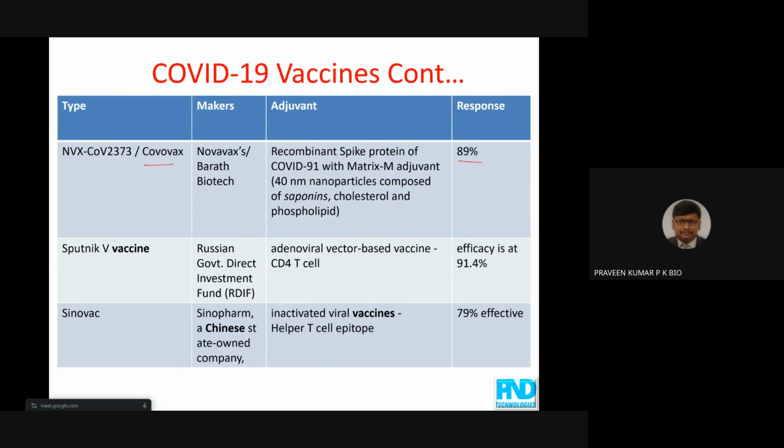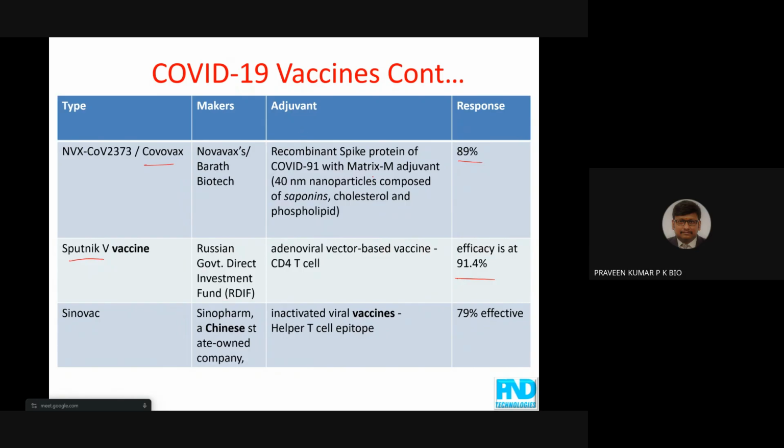It depends on the patients, whether you are treating Indian patients, South Indian patients, or North Indian patients. The efficacy varies even with respect to alleles. And if you see Sputnik, a Russian vaccine, it shows good efficacy when compared to Covishield and Covaxin. But also look at the adjuvants.